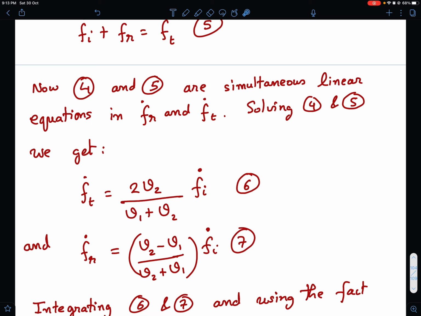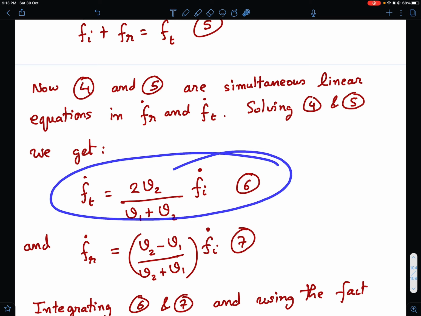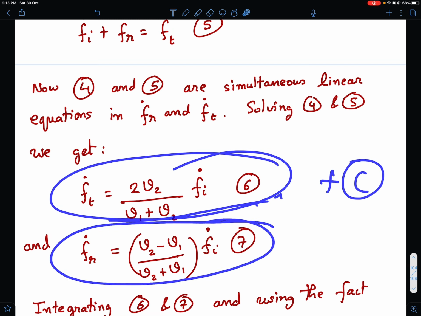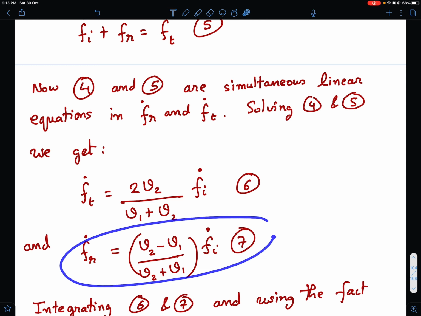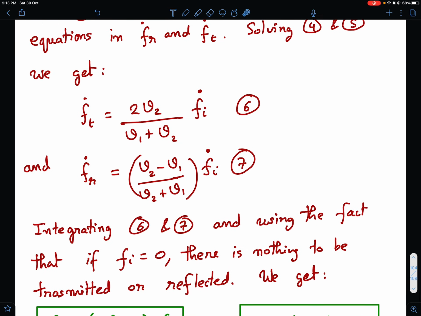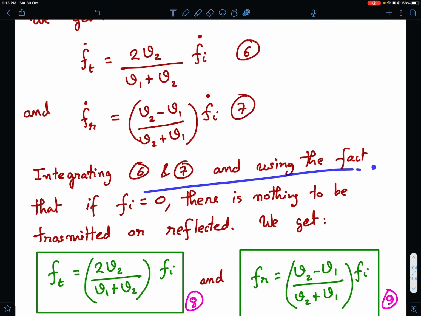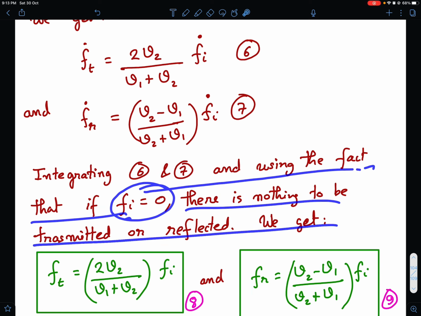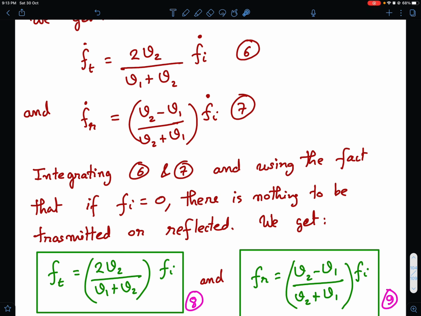Now I don't want the time derivative of the disturbance, I want the relationship between the disturbances. So what do I do? I integrate both sides with respect to time, and you know that you will get an arbitrary constant. I integrate equations 6 and 7, and use the fact that if the incident wave is not there, then there is nothing to be transmitted or reflected.